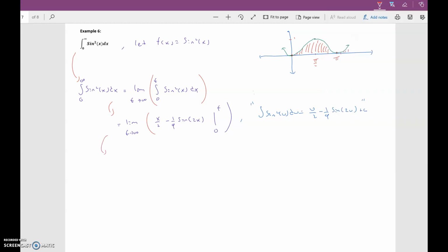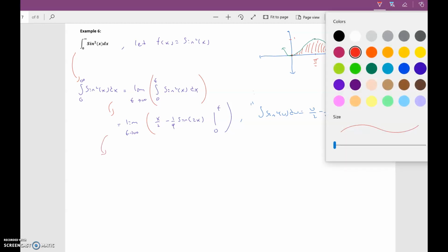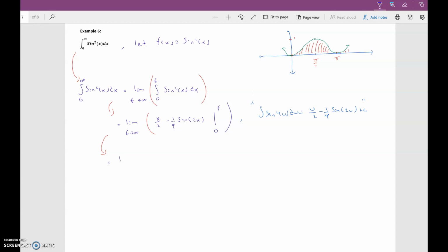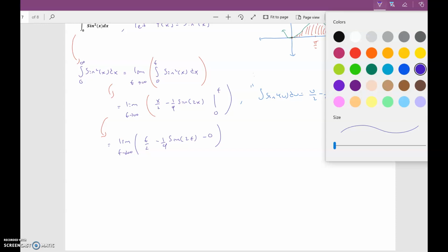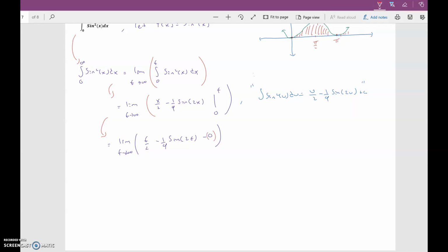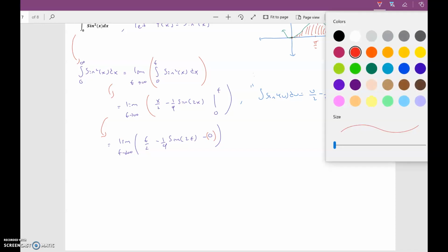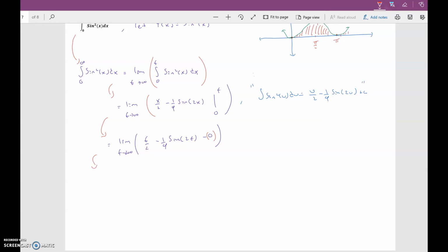So we're still looking at the limit as t approaches infinity of t over 2 minus 1/4 sine of 2t, and then minus 0. Once you plug in 0, everything is going to cancel out. So let me put another set of parentheses here to make it clear that once 0 comes in, it simplifies, or they cancel out.